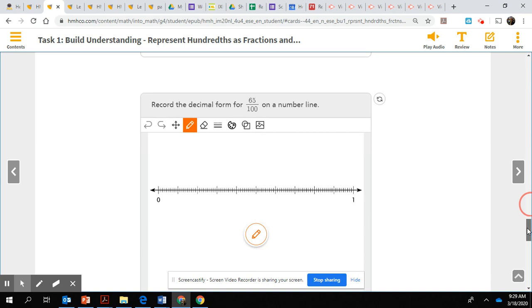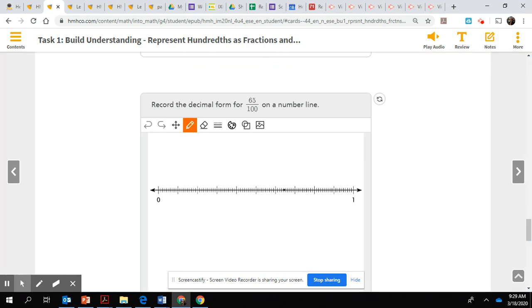It says record the decimal form of 65 hundredths on the number line. So I know I have 1 ten, 2 tens, 3 tens, 4 tens, 5 tens, 6 tens. So I know that this is 60 hundredths as well, and this is 70 hundredths. So if I look, I go 61, 62, 63, 64, 65. So 65 is here.